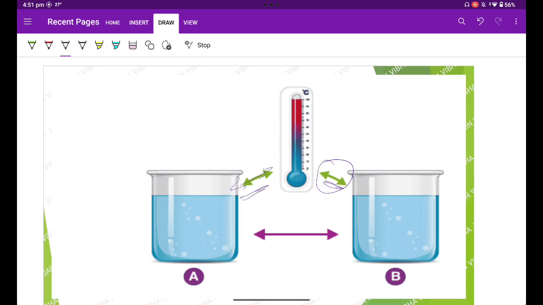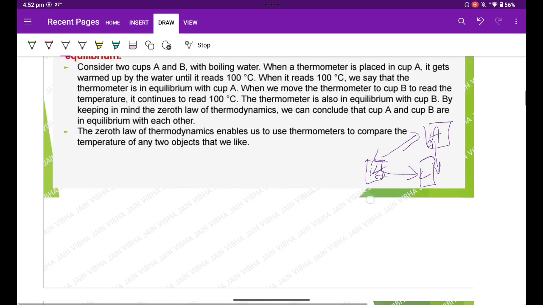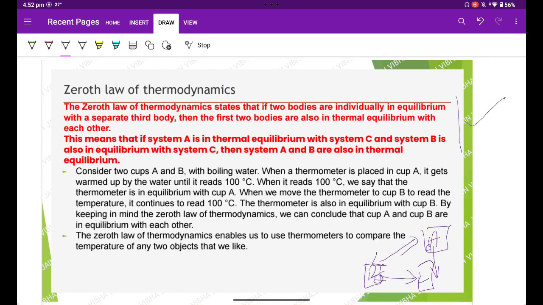But what does the zeroth law of thermodynamics state? Keeping in mind the zeroth law, we can say that cups A and B are in thermal equilibrium with each other. Thus, the zeroth law states that if system A is in thermal equilibrium with system C, and system B is in thermal equilibrium with C, systems A and B are also in thermal equilibrium with each other.